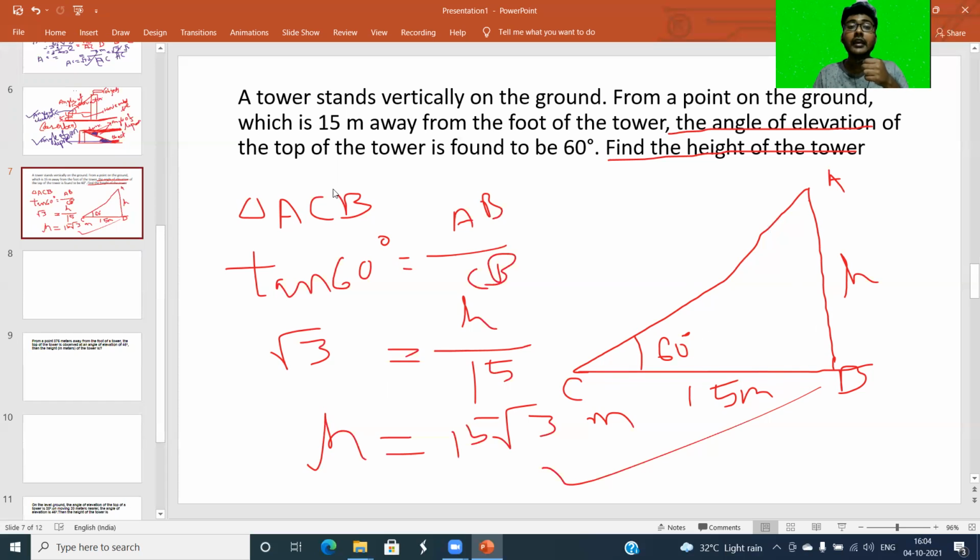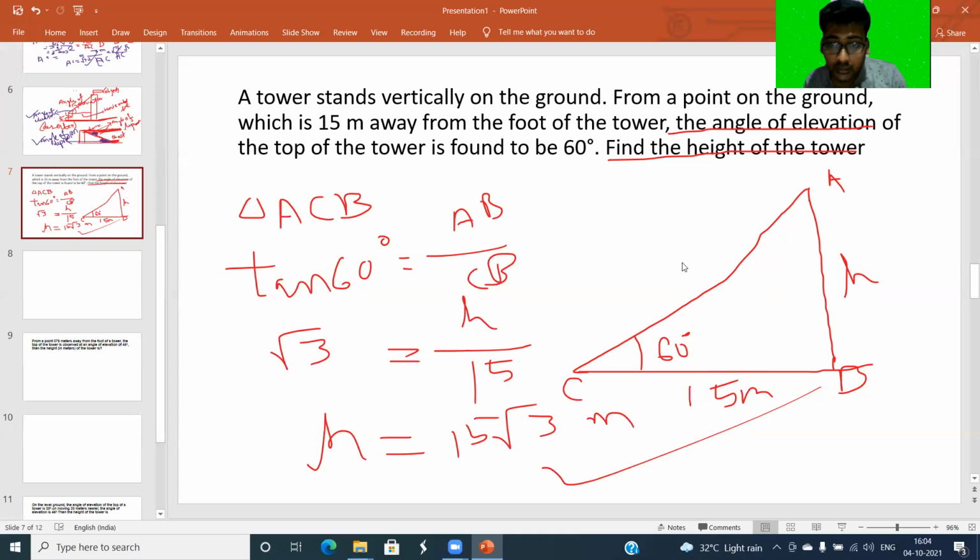Okay, then we let triangle ACB, angle is tan 60 degree. In this triangle, it is height, it is base, and it is hypotenuse.